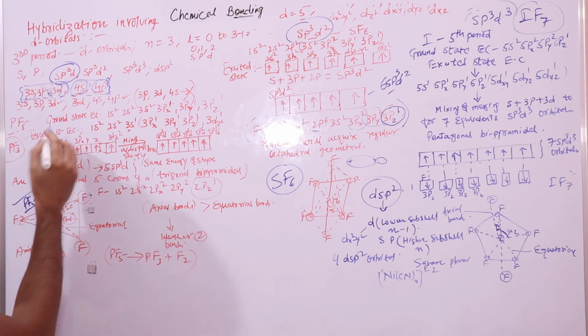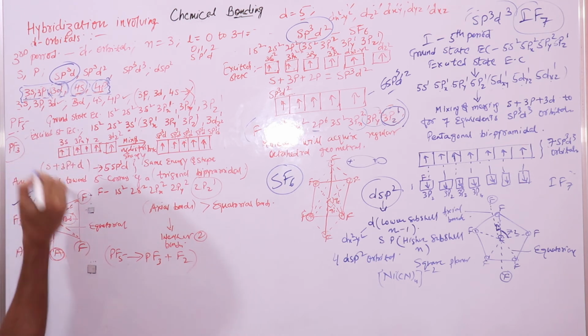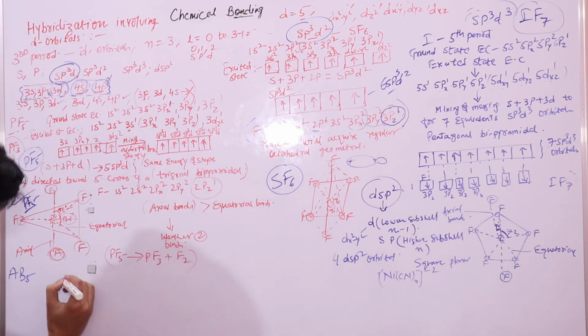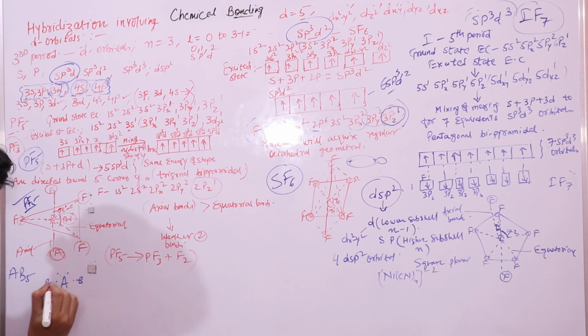This molecule, which is PF5, is of type AB5, in which A is the central atom surrounded by 5 bond pairs with B. As per VSEPR theory, these are 5 bond pairs, and all these will repel one another.